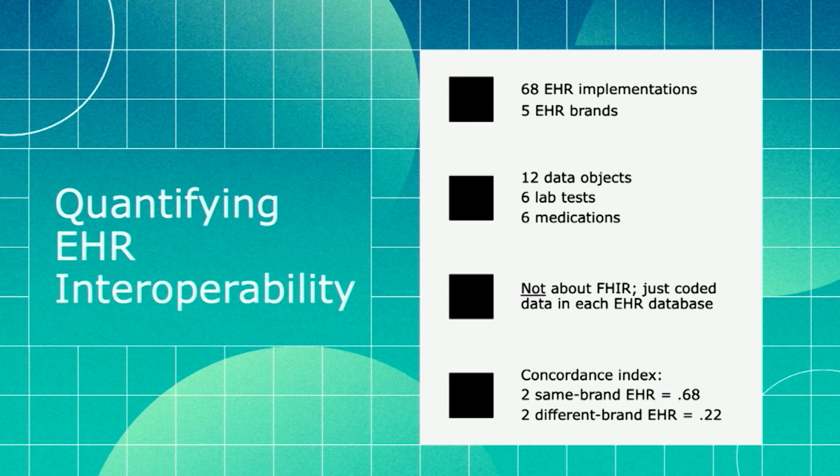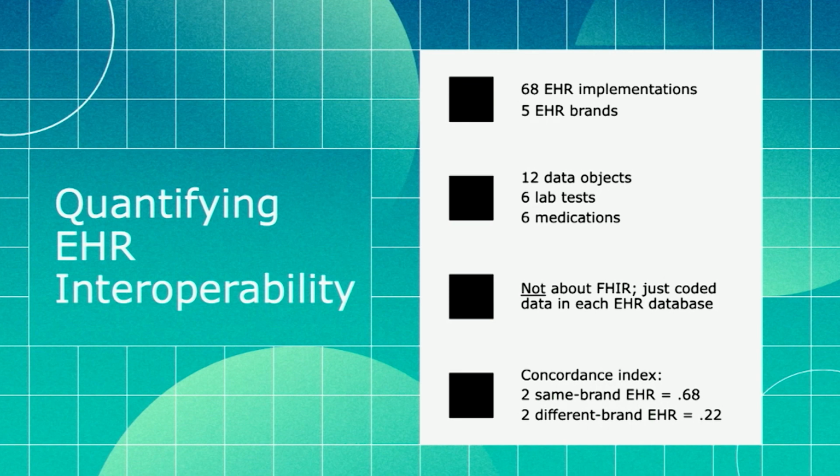And these oncologists had 68 different implementations of EHRs of 5 different brands. And they looked at 12 pieces of data. 6 of them were lab tests, 6 of them were medications in all of these different EHRs. And they had a very elaborate scheme for doing this and comparing.